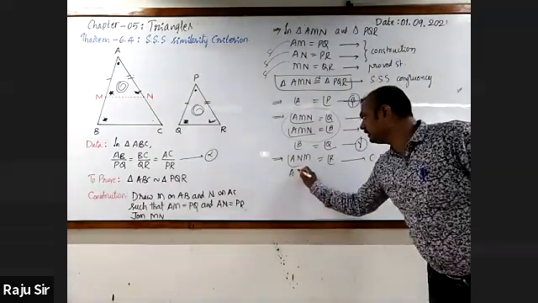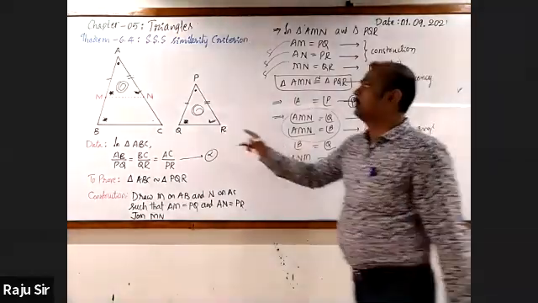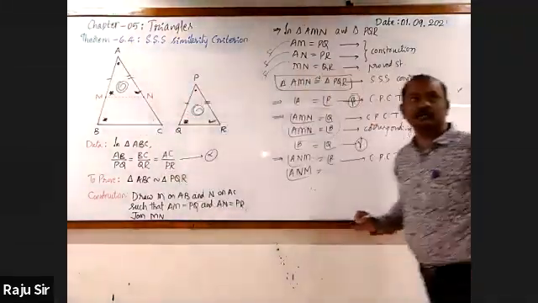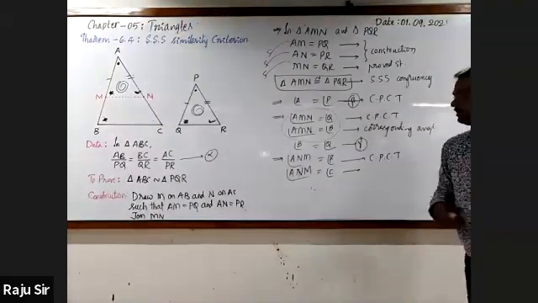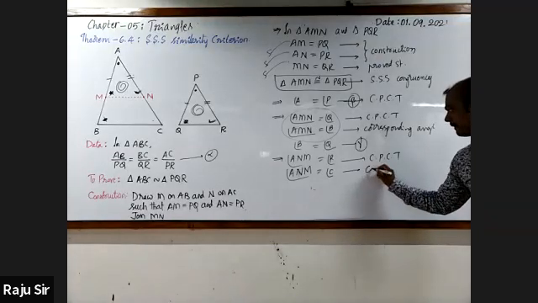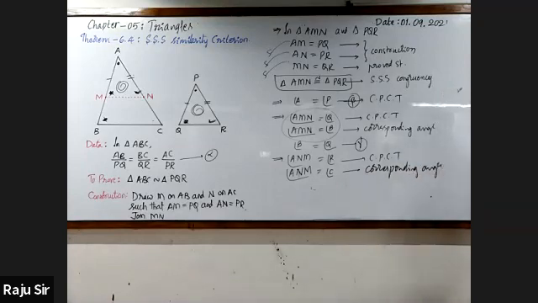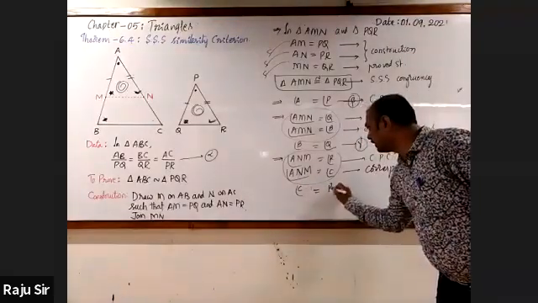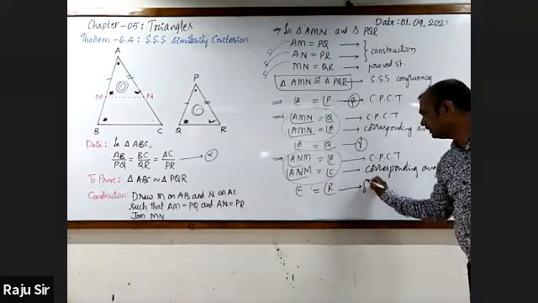We all know that angle ANM is equal to angle C. Reason: corresponding angles. Then from these two, how do you write? Angle C equals angle R. Reason: Euclid's axiom. This is delta.